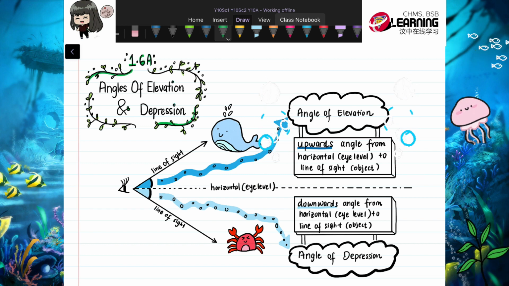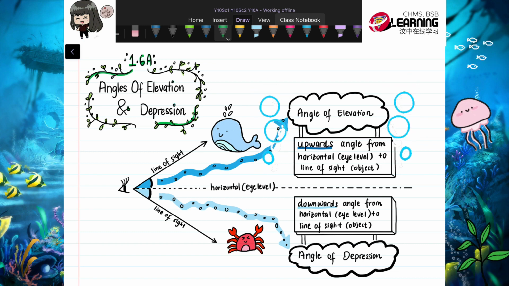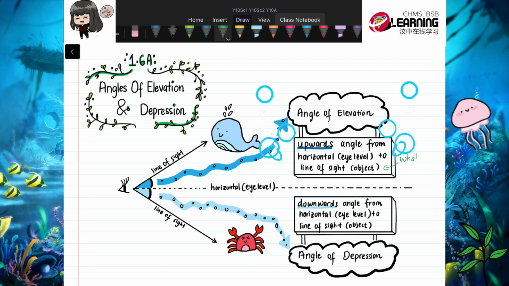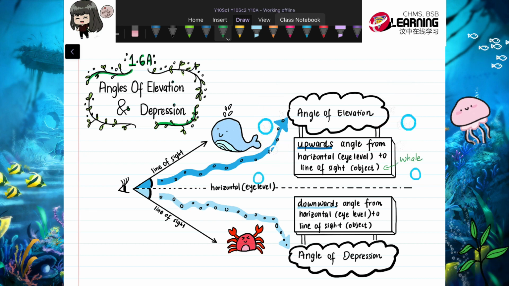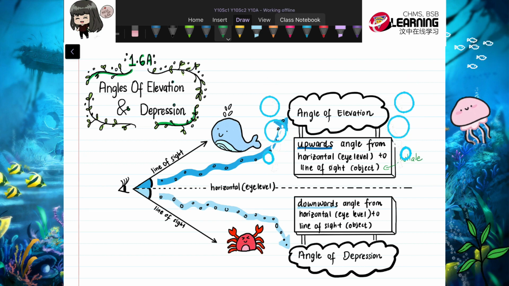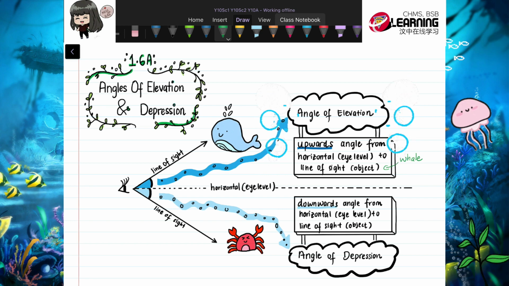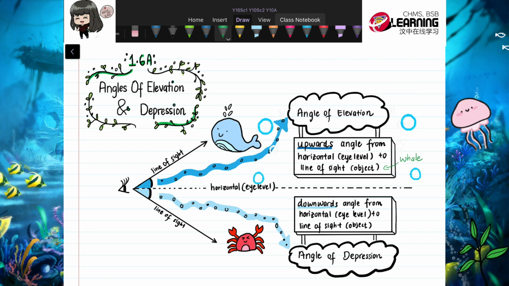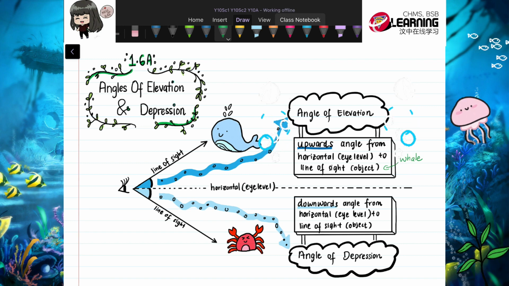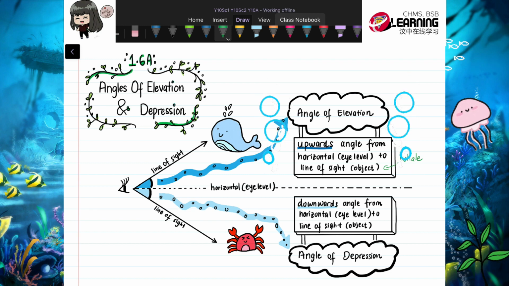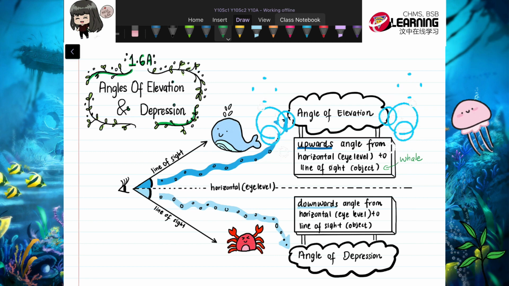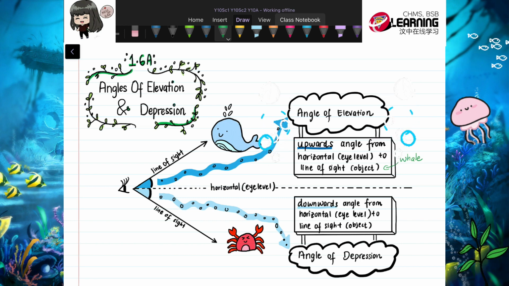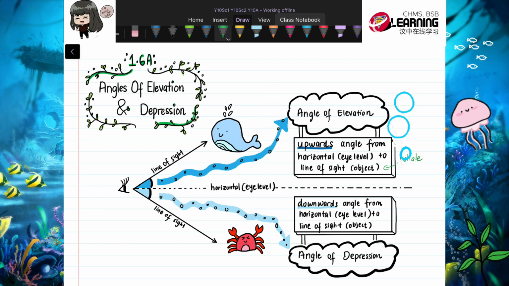In this case it's a whale, W-H-A-L-E. So remember, you're looking straight, horizontal, eye level, and from eye level you look all the way up, that's why it's an upwards angle. Look all the way up until you see the whale, that is the angle of elevation.